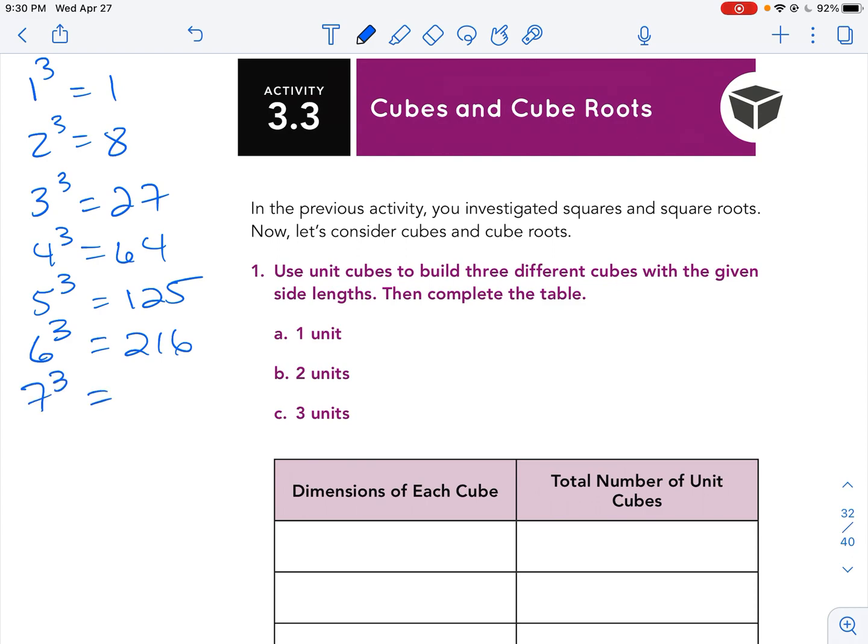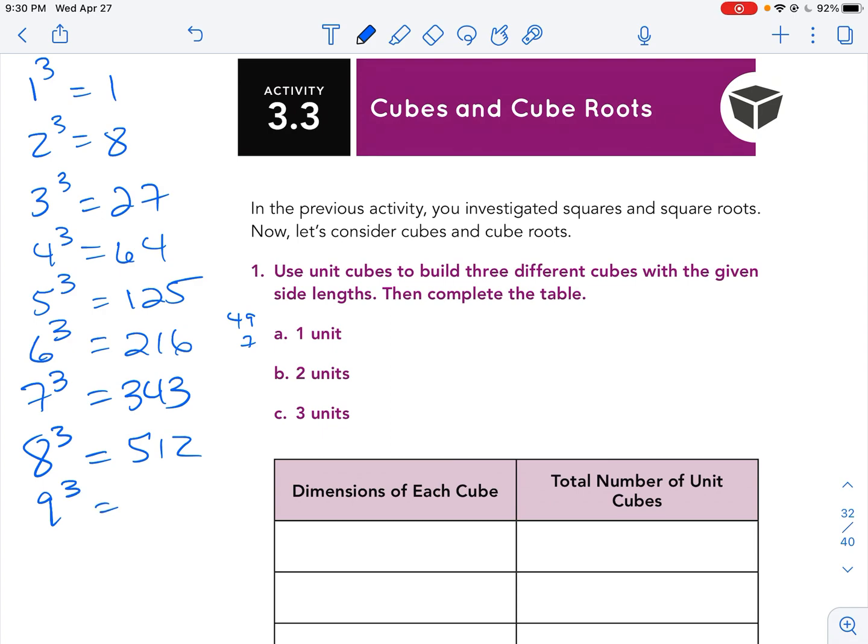Now we're starting to get to the numbers I don't know. Let's see, 49 times 7. It's going to be 343. Oh, now we're definitely to the ones I don't know off the top of my head. Okay, so 64 times 8, 512. 9 to the third power.